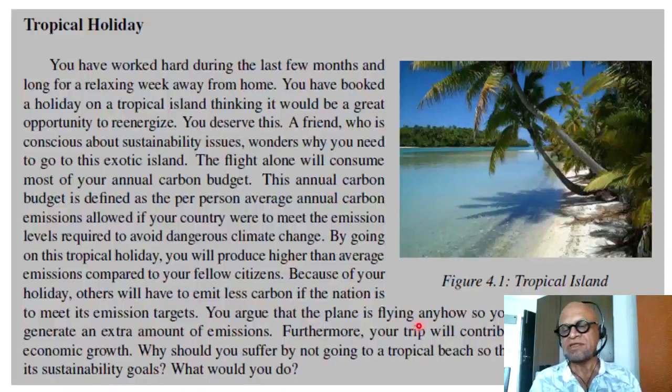You argue that the plane is flying anyhow, so your trip would not really generate an extra amount of emissions. Furthermore, your trip will contribute to employment and economic growth. Why should you suffer by not going to a tropical beach so that the group can meet its sustainability goals? What would you do?